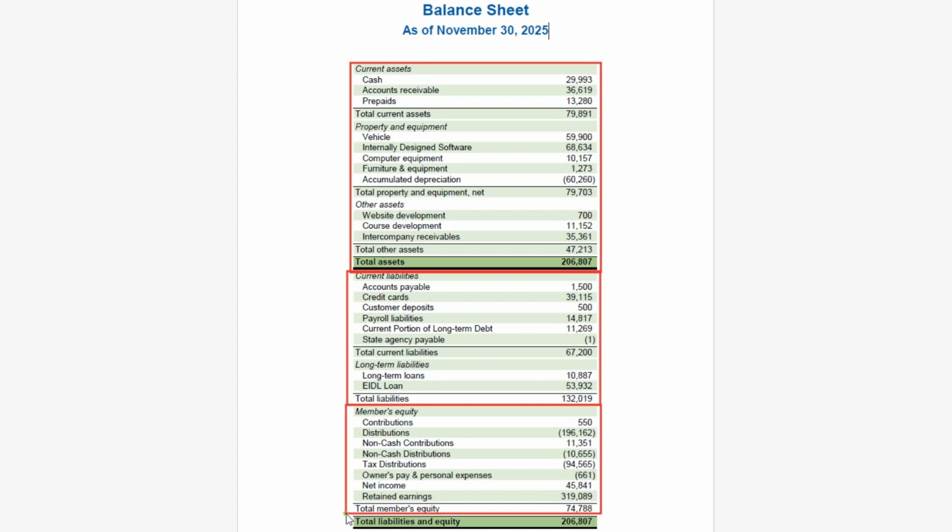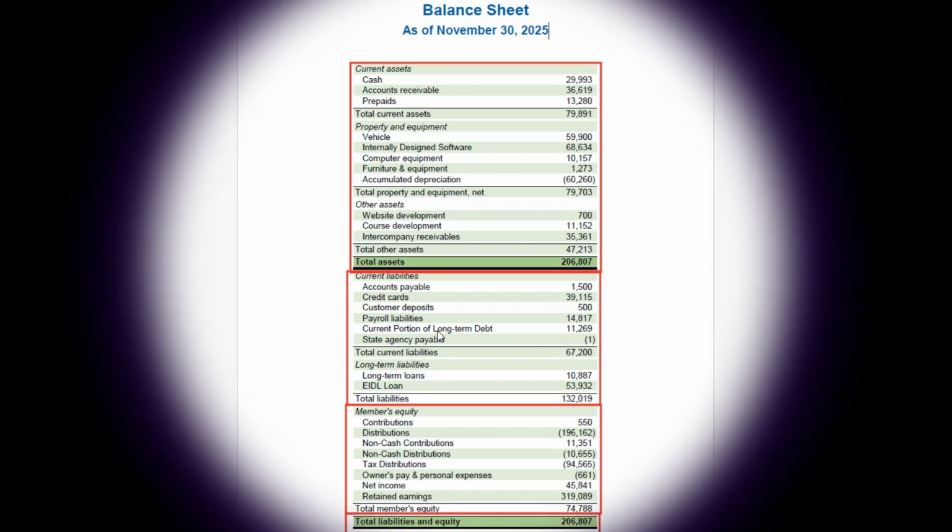This one down at the bottom is the total of equity and the loans. So that's what the balance sheet does. It basically outlines those three things: assets, liabilities, and equity, which is the fundamental equation for accounting.